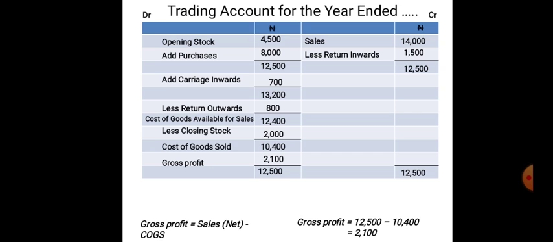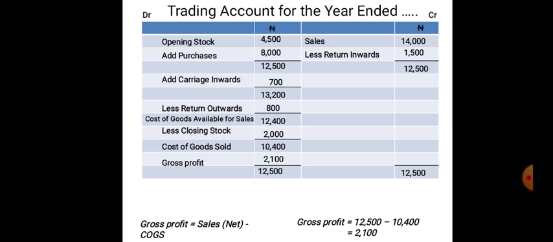Now, this question that we have just solved carries everything that your trading account can carry. Do you understand? It involves everything.